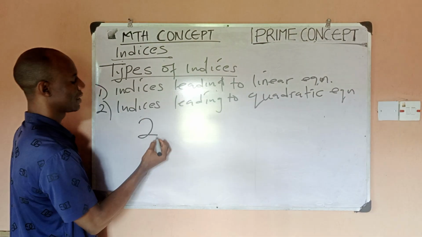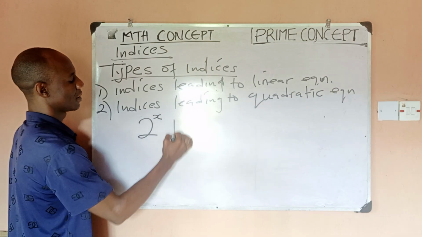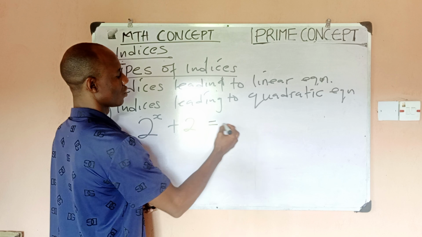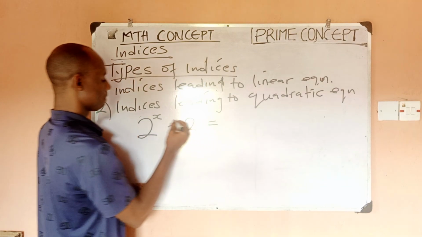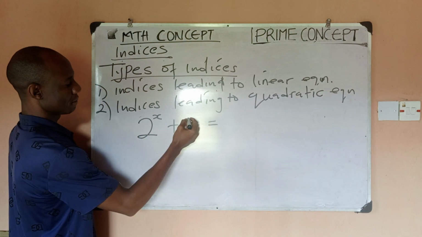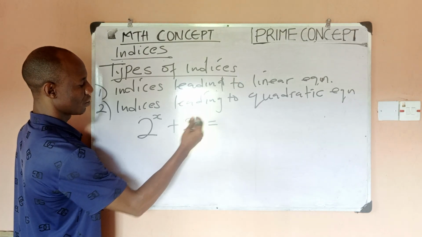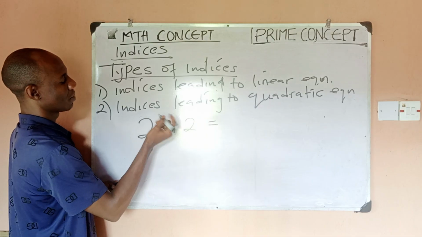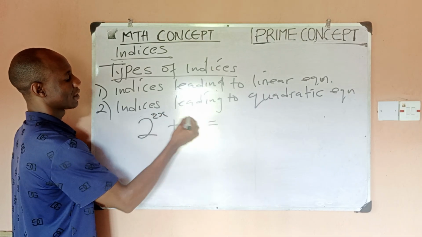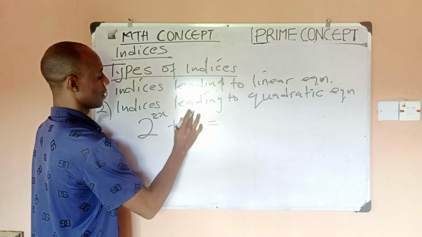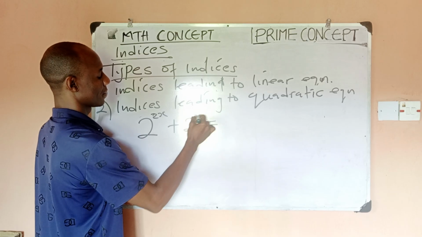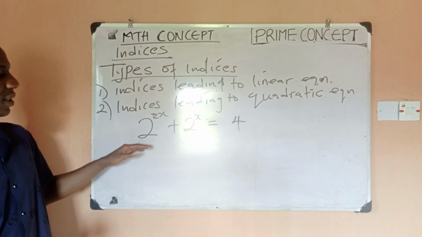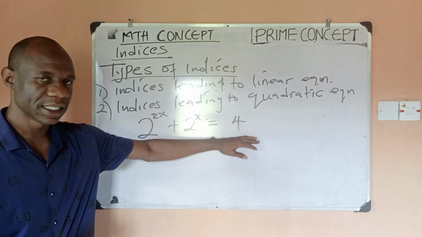You have something like this: 2 raised to power 2x plus 2 raised to power x equals, let's say, 4.